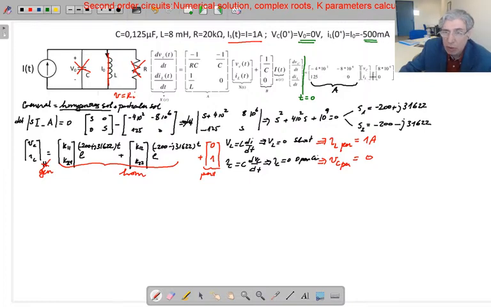And on the right hand side, when t equals 0, that is going to be the initial condition of the capacitor, which is 0.